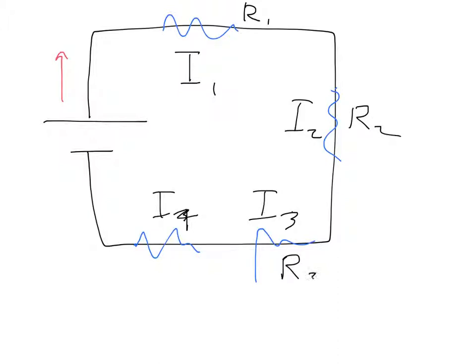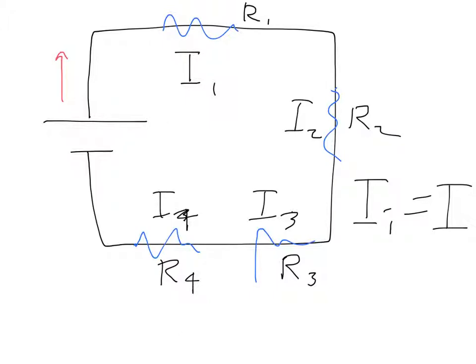I'll just give them the nice labels of 1, 2, 3, and 4. But because they are all in series, because current is something that is conserved in a loop like this, I know that every one of those resistors will have the exact same current. Whatever integer I have here for that resistor, it'll be the same amount of current no matter what. Notice though that won't mean the same voltage in each case.